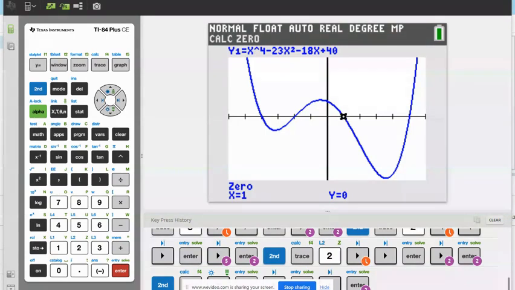My y doesn't say 0. Uh-oh, why? Also, you want to make sure you're really below your x-axis. Sometimes it won't find it for you.